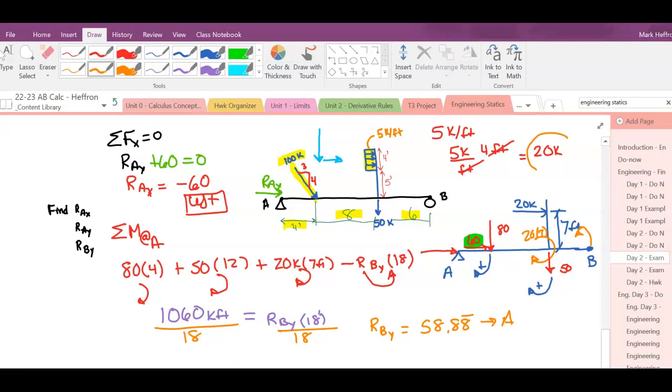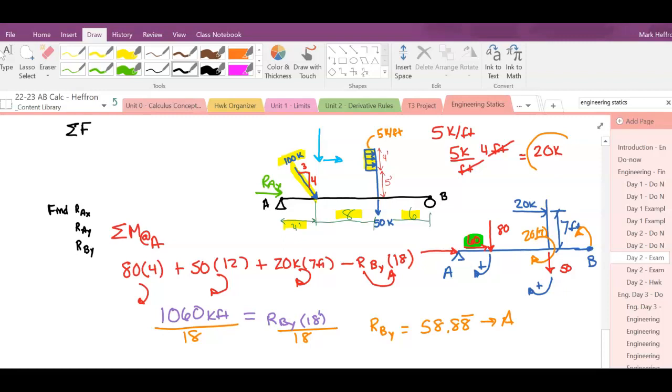Now the only thing that's left is to sum the forces in the Y to come up with the reaction at A. So we'll do that up here. Sum of the forces in the Y equals 0. Well, I've got 80 coming down, I've got 50 coming down, and I've got this 58.88 repeating going up.